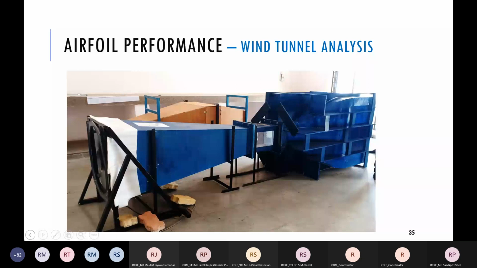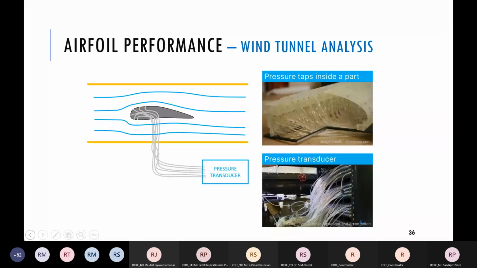Now in a wind tunnel you can control the wind speed, you can control the turbulence of the flow. So wind parameters you can control, and in the test section you can put the object you want to analyze, and you can measure its aerodynamic performance. So how to measure the aerodynamic performance of an airfoil? There are 2-3 ways. One of the recent and advanced ways is to put pressure transducers inside airfoils.